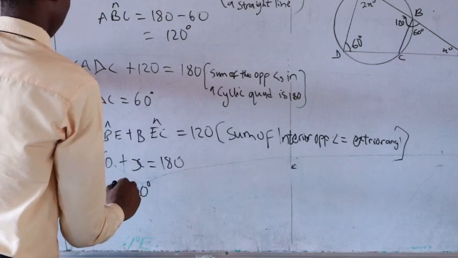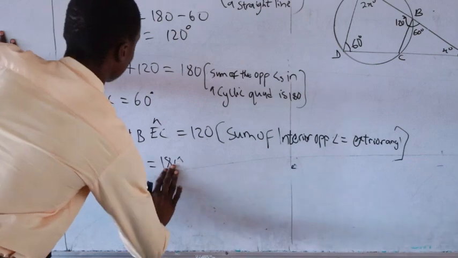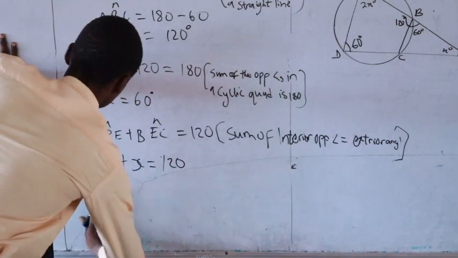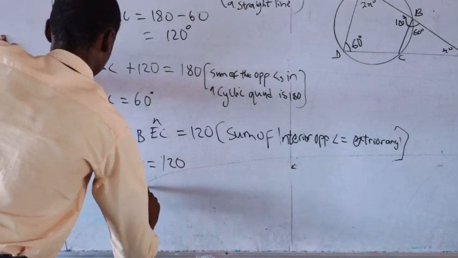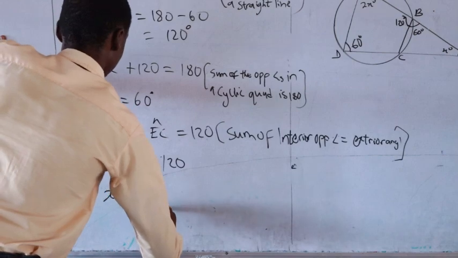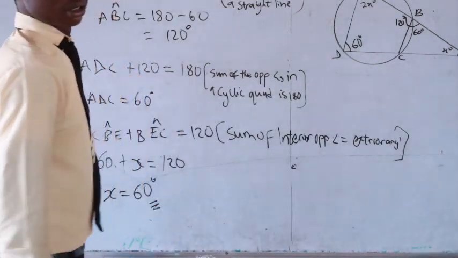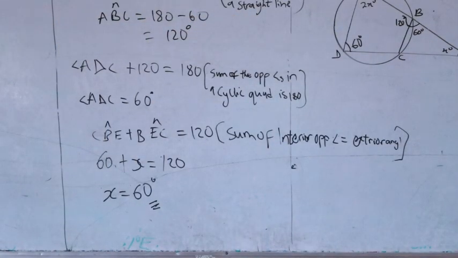180 minus 60 equals 120. Okay. So S is now equal to 60. Okay, thank you. Is that the answer? Yes, Yvonne. Oh yeah, that boy from Abel.